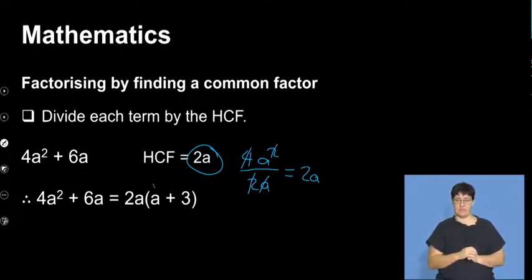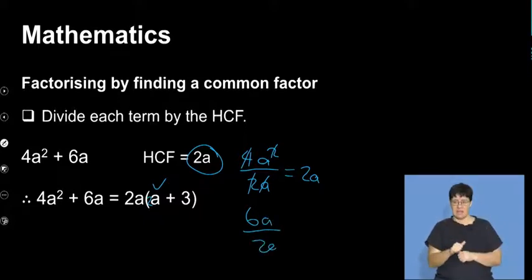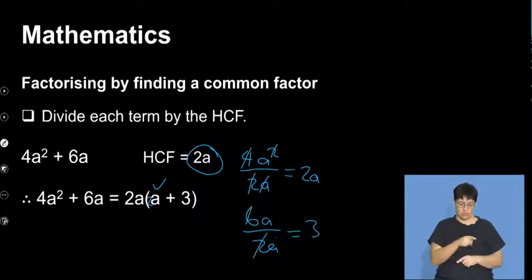And then you can see there I have 2a, and it's not supposed to be just a, it's supposed to be 2a there. And then lastly, if I have 6a divided by 2a, the 2 goes in 3 times, the a cancels the a, and I'm just left with the a.